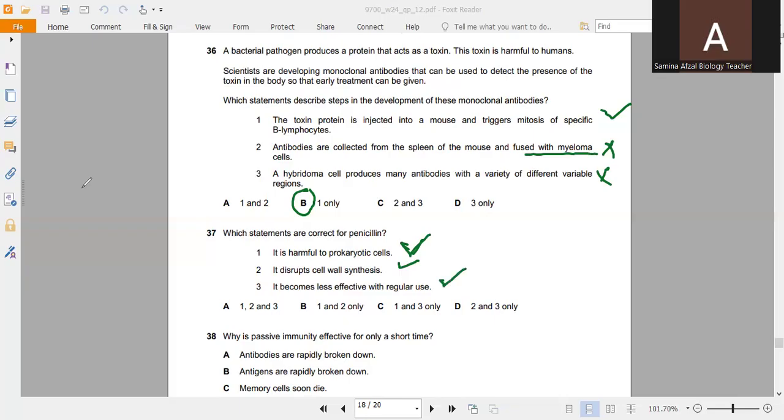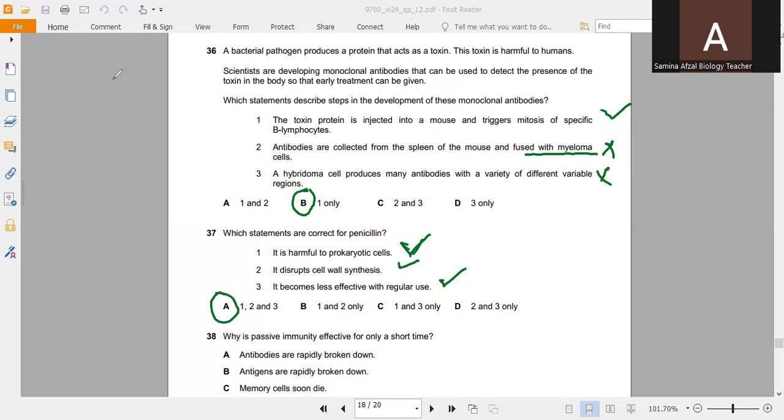When we regularly use it after every type of infection, there will be resistance against it. So the bacteria will develop resistance against this antibiotic, due to which this statement is also correct. So I would like to say A is the correct option.